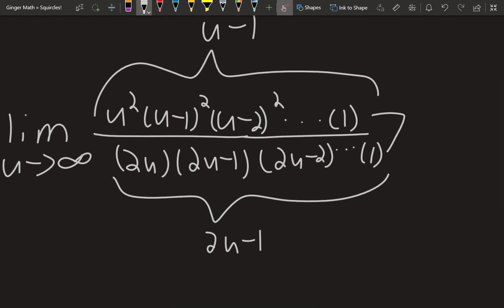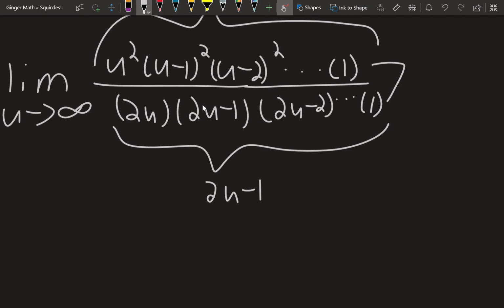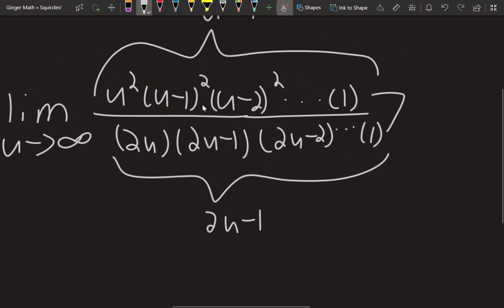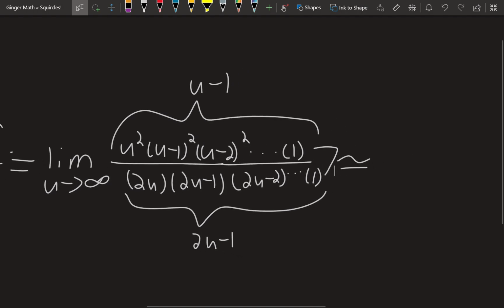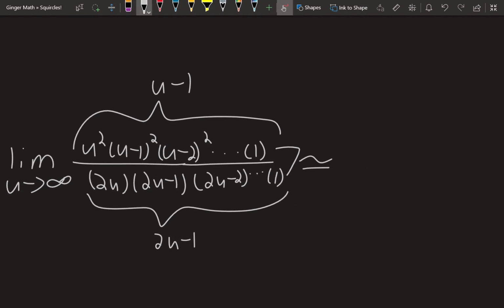So basically, if we ignore all the FOIL stuff, because this is the limit after all, on the numerator it's basically equivalent to u squared to the u minus 1, and the limit still applies.